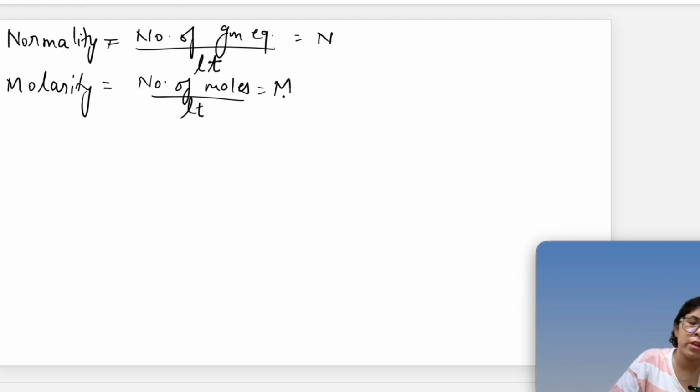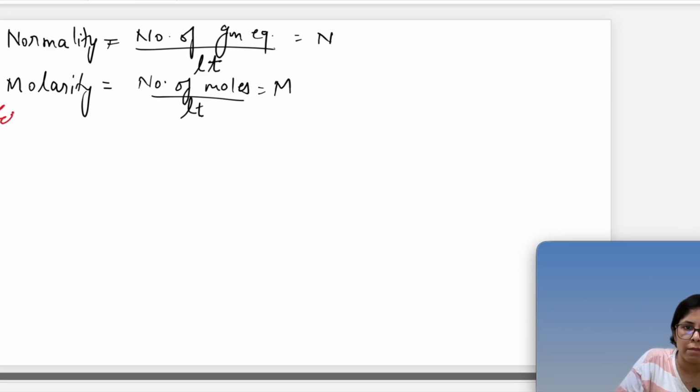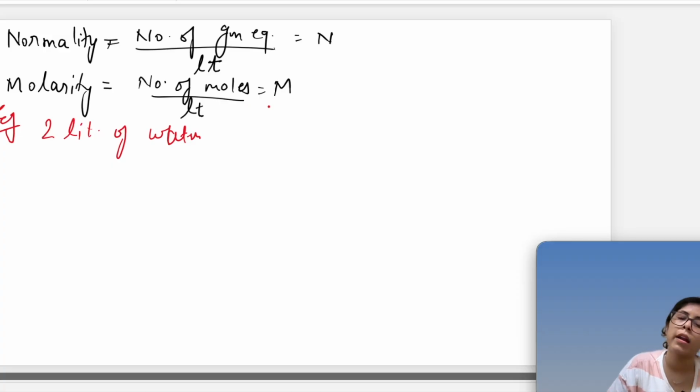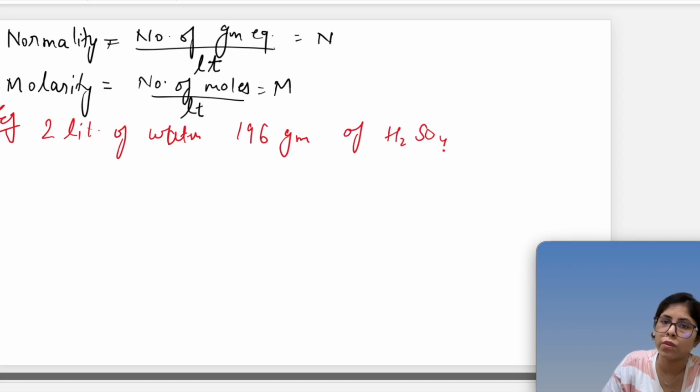Let's have one example. Let's say we have 2 liters of water, and in this I added 196 grams of H2SO4. Now can I calculate the concentration of H2SO4?